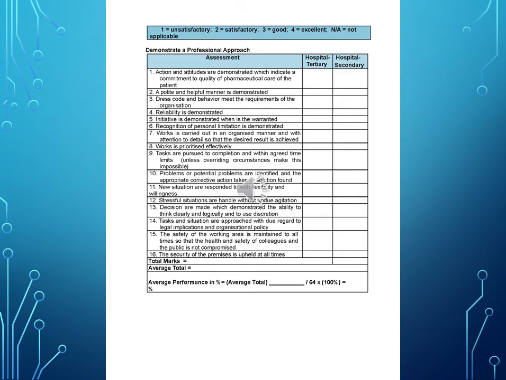Tasks are pursued to completion within agreed time limits, unless overriding circumstances make this impossible. 10. Problems or potential problems are identified and corrective action taken or solution found. 11. New situations are responded to with flexibility and willingness. 12. Stressful situations are handled without undue alarm.